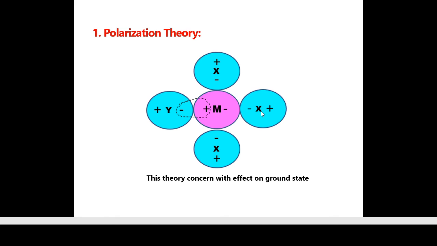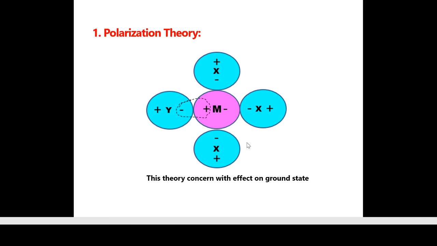So the MX bond becomes weak and lengthened, means the length of the MX bond increases and it becomes weak, so the X can easily be replaced with another ligand.